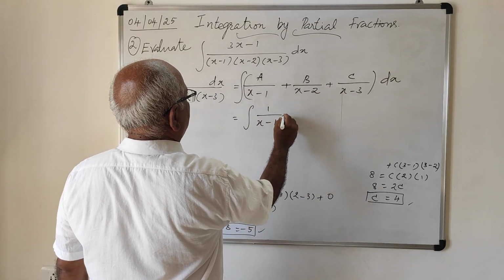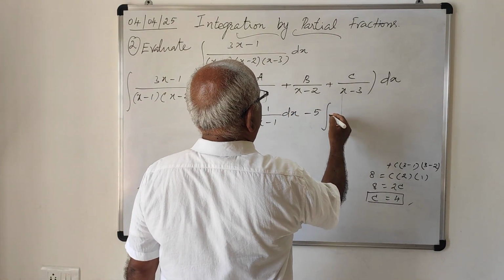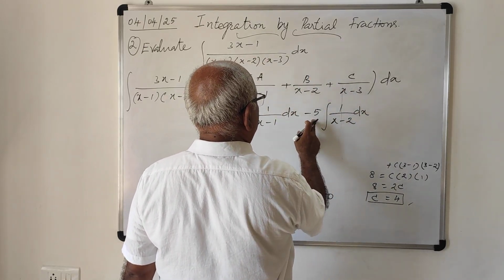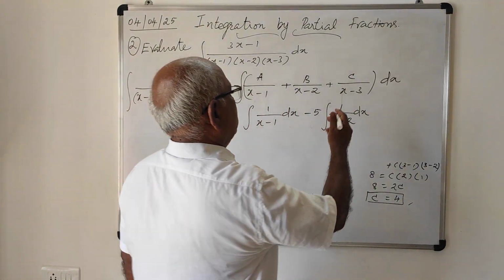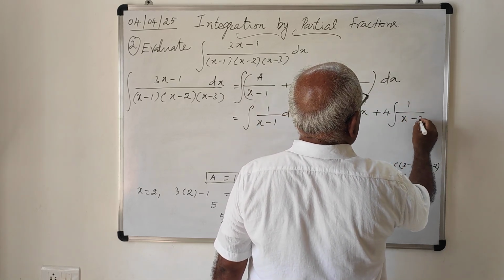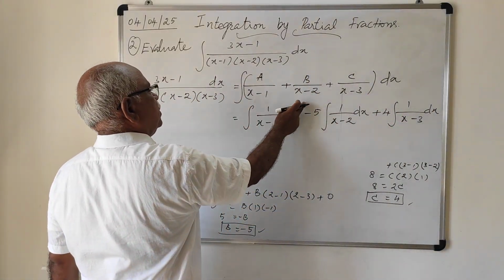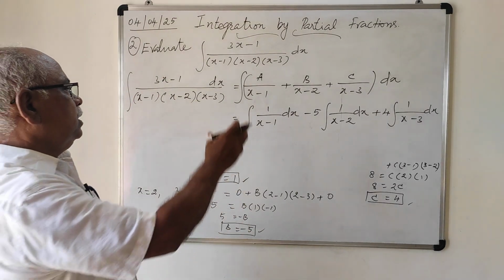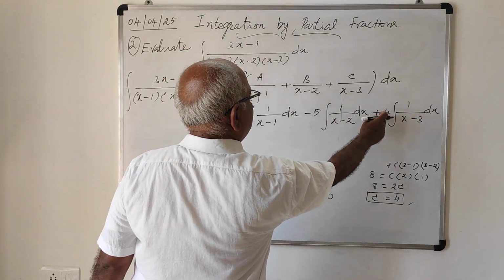Integral 1 by x minus 1 dx. b is minus 5, therefore you get minus 5 outside the integral, 1 by x minus 2 dx. c is 4, so 4 can be taken out of the integral, and you get 1 by x minus 3 dx. Those are constants, so these 3 terms become three integrals after giving the values of a, b and c.